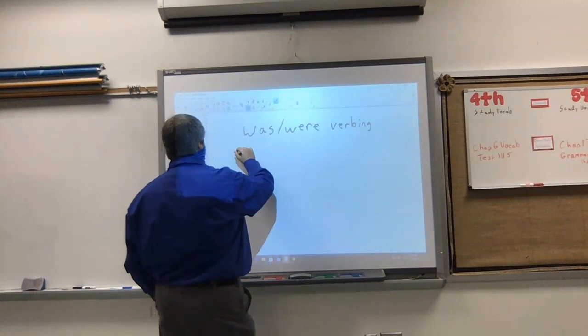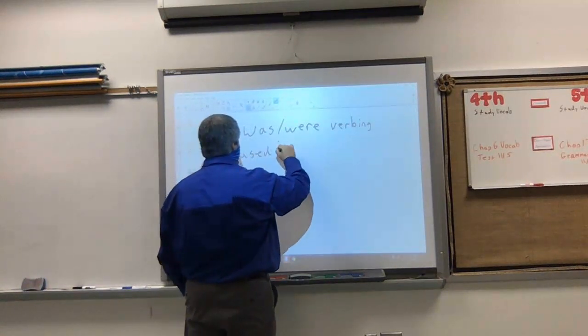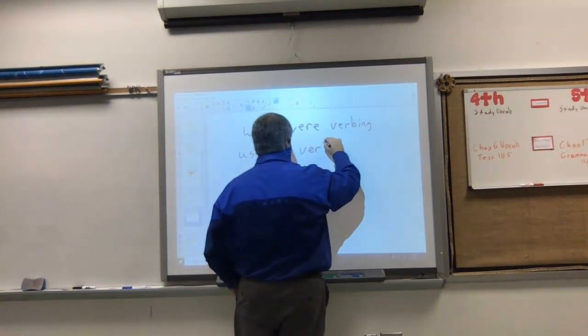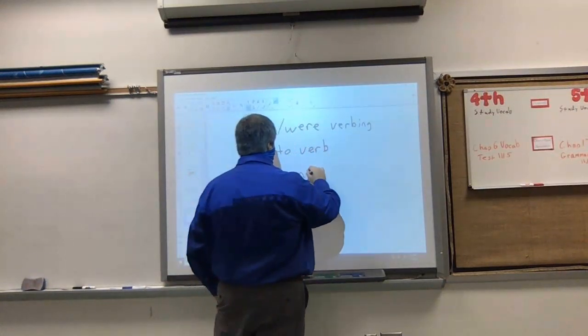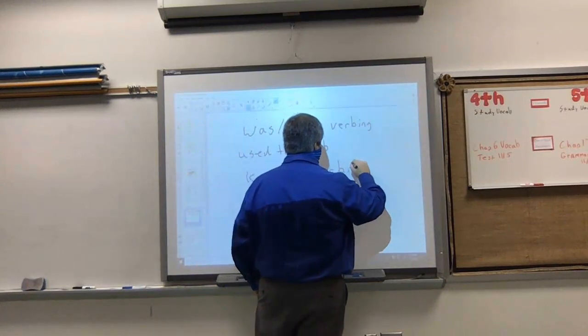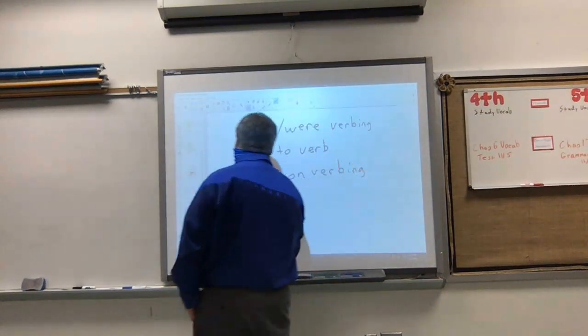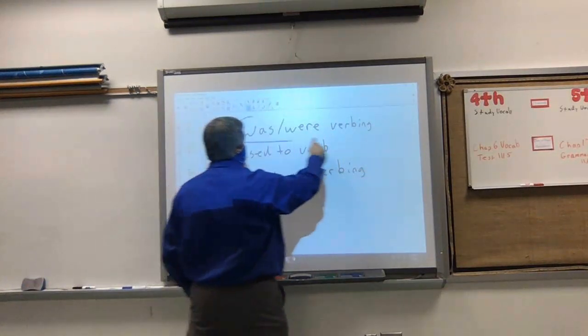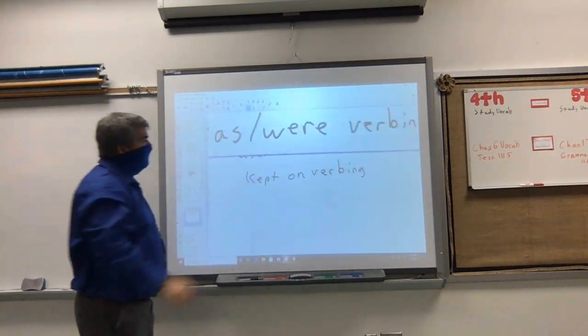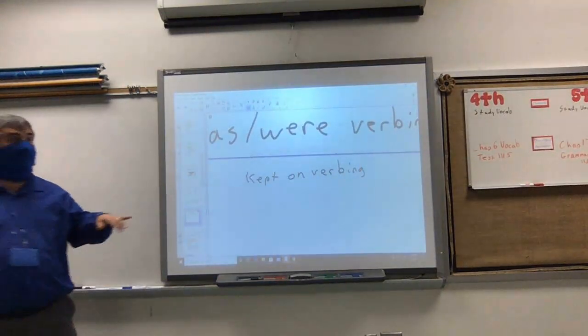We could also do used to verb, or kept on verbing. Either one of those three would have been fine, but remember in the imperfect tense, this is considered the most common. So that's what you typically want to go with, okay?